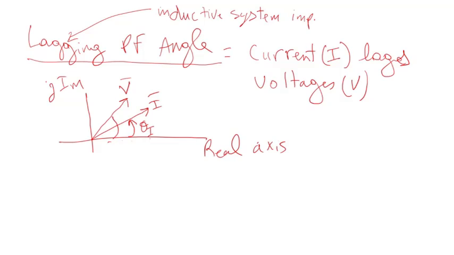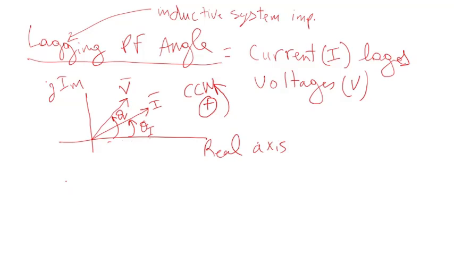And then from the reference to the voltage, we can call it theta V. So if we assume phasor rotation or the positive rotation in the counterclockwise rotation, you see voltage will go first and behind it will be current. That means the current will lag behind the voltage.